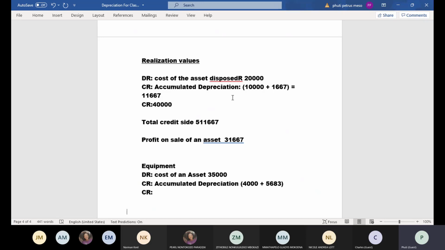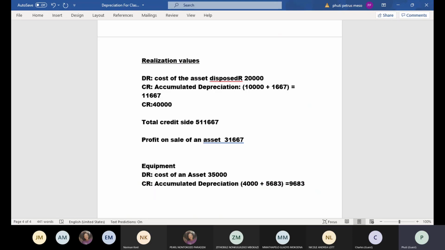Let's see, accumulated depreciation and the depreciation part. Okay, I think you're fine here. And you'd say 4,000 Rand plus 5,683. It should give you 9,683. So it will be 9,683.